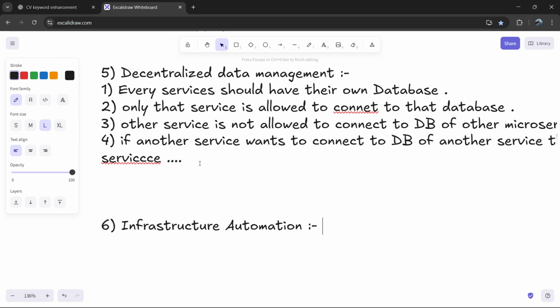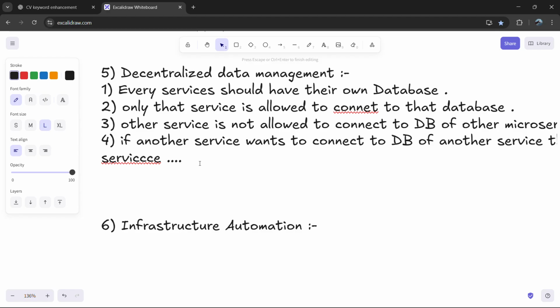If we take an example, if a service is receiving heavy traffic, Kubernetes can automatically add more containers to handle the load. Similarly, if traffic is low, it can reduce them to save resources. Automation also helps in quick recovery because if a service crashes, the system can restart it automatically without human help.